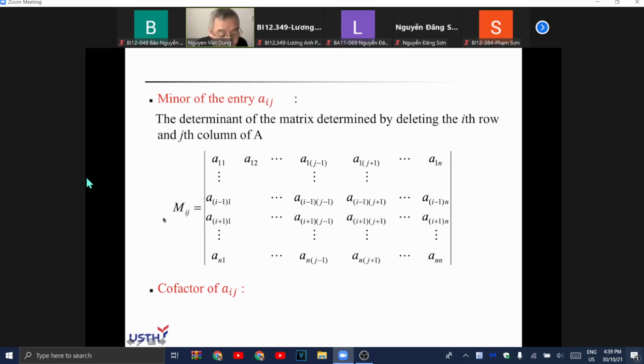Because of that, we call it the minor of the entry a_ij. And the cofactor is the same thing, only we multiply by that sign, which means it can be plus M_ij or minus M_ij. It depends on the position ij. Is it clear for you?